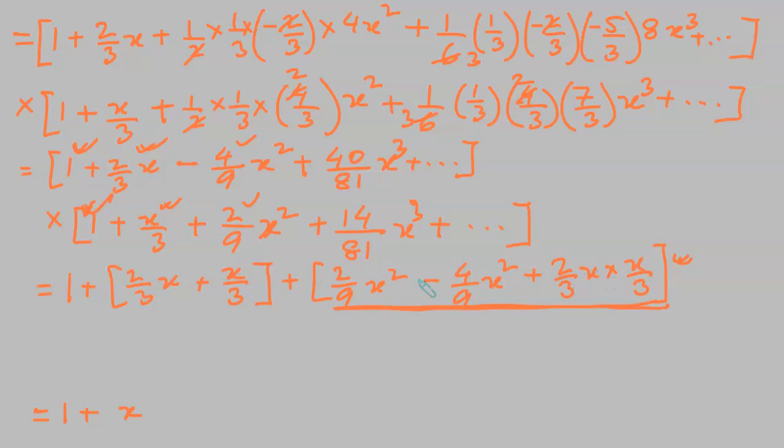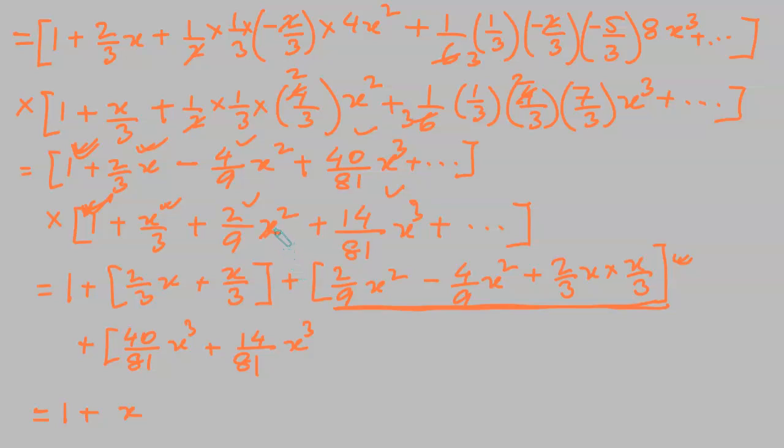So how to get x to the power of 3? 1 times this one. So 40 over 81 x to the power of 3. Again 1 times this. So plus 14 over 81 x to the power of 3.